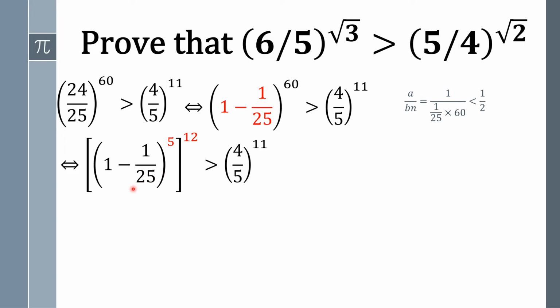And if we only use the binomial expansion on the inner side of the bracket, (1 minus 1/25)^5, then a over bn here is 5. This is large enough for us to do the binomial expansion.